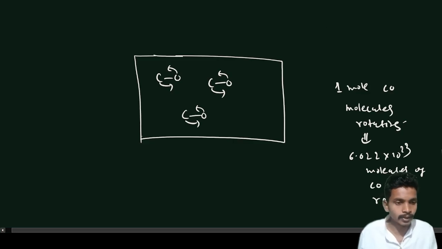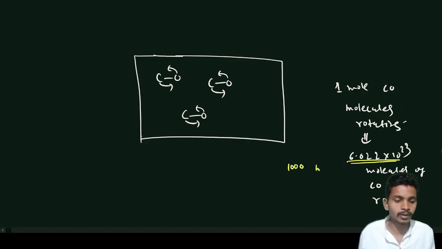So this is a very high value, but taking an example, let's say I take 1000 molecules. So 1000 molecules are rotating like this.